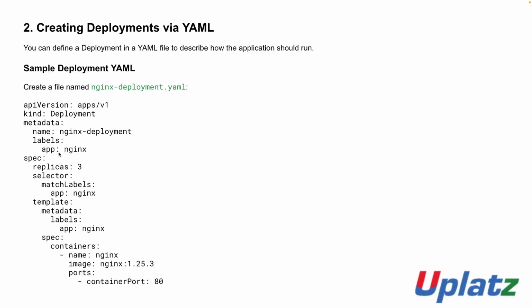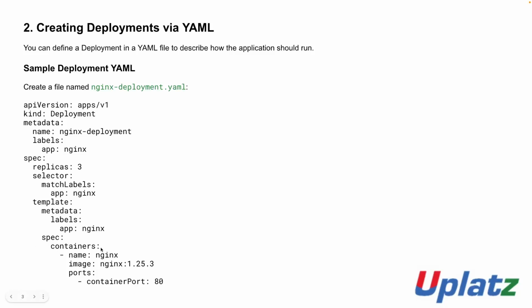Labels app nginx. Spec replicas 3. Selector, then under that matchLabels app nginx. Template metadata labels app nginx.